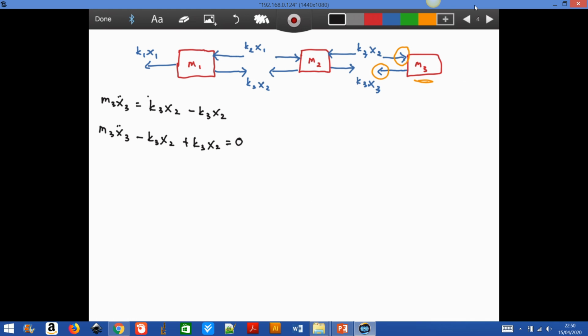Alright, so for the equation of motion, we already have all of the equations. So we know that the matrix will be in the form of M x double dot, because it's a spring mass system, plus K x. There's no damper, so it's only the spring matrix equals 0.